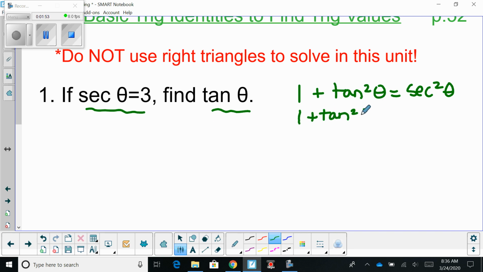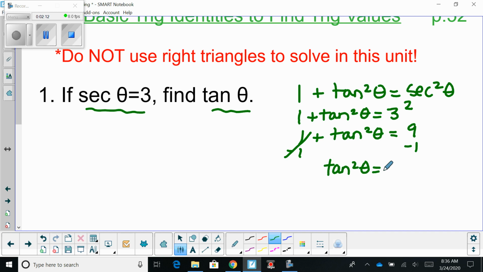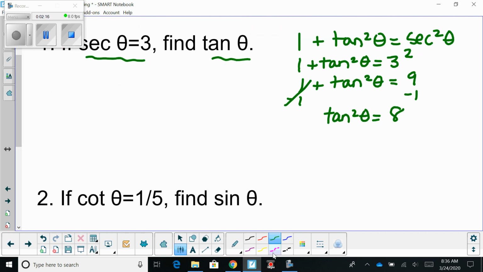1 plus tangent squared equals 3 squared. And then just continue to solve. I'm going to subtract the 1 over. I have tangent squared theta equals 8. And then I'm going to take the square root of both sides.